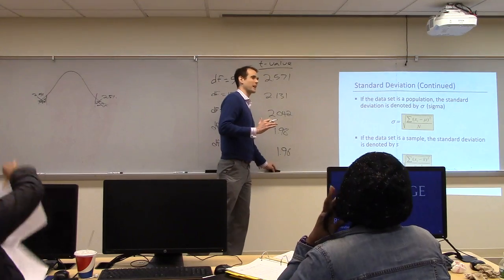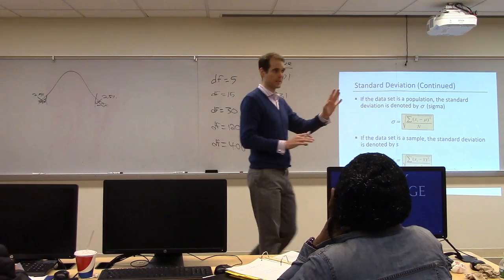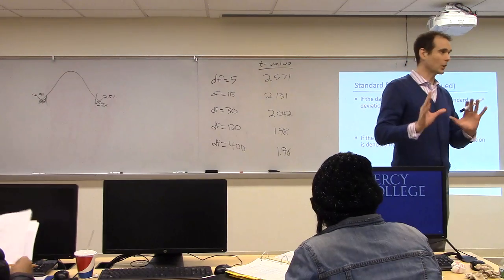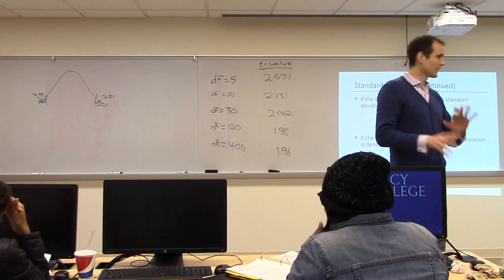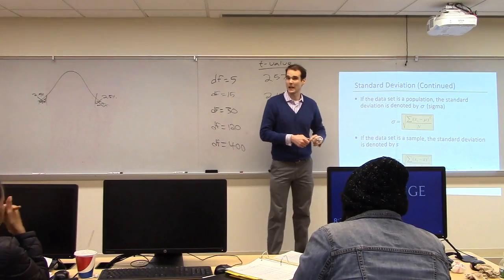Okay, quick reminder. We're doing two things. One, we're calculating our own sample standard deviation, and two, we're reading the t-table. So we've had a little taste of how to read the t-table. Let's remind us, how do we calculate our sample standard deviation?